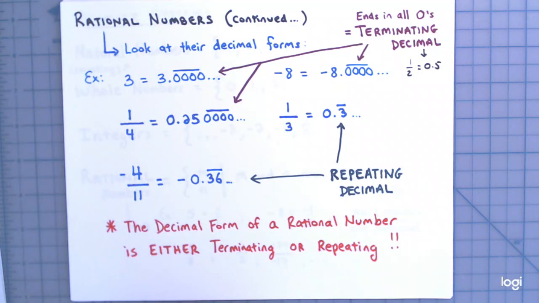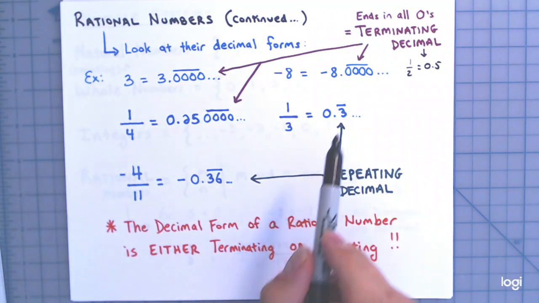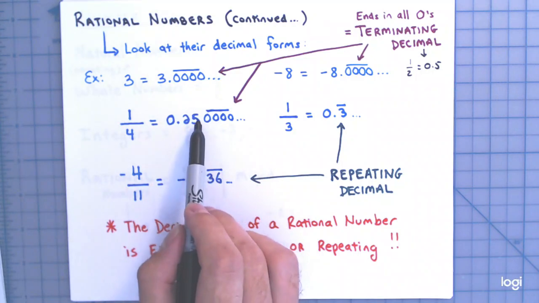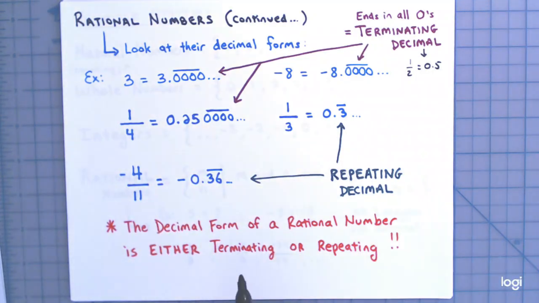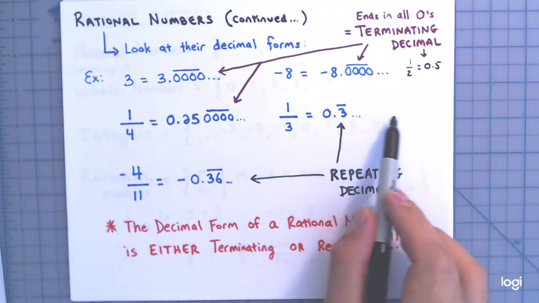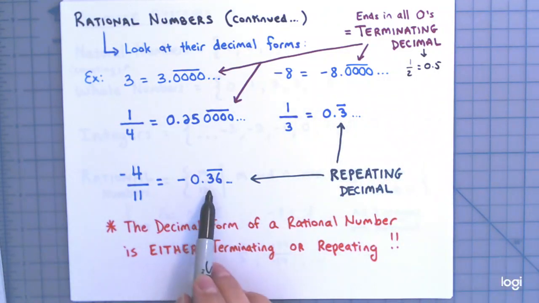So what you're going to notice is that whenever you look at a rational number, if you take an integer divided by another integer, the decimal form of a rational number is going to be either terminating, where it stops and then you can throw zeros on forever, or repeating, where it never stops and the repeating pattern never ends, like the 1/3 and negative 4/11 here.